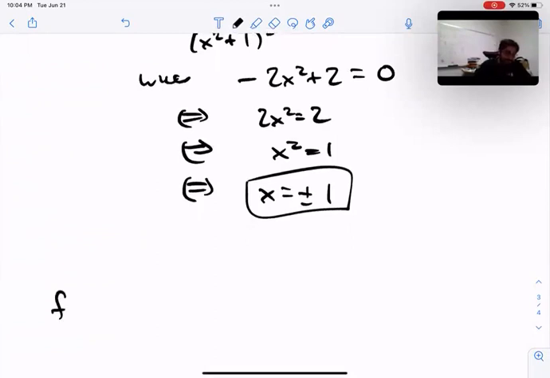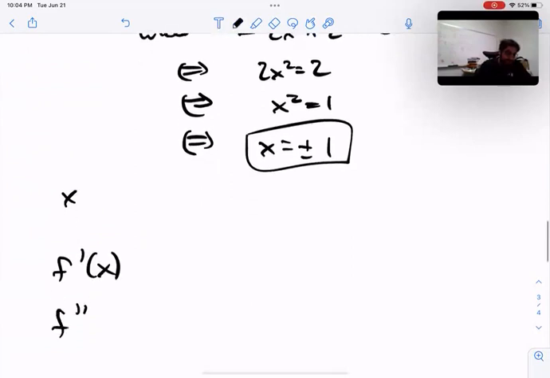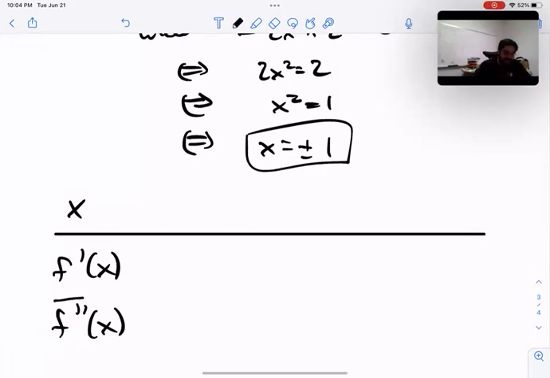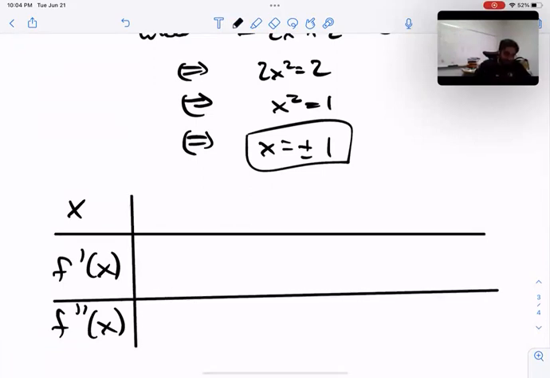Now, let's add this into our sign chart, right? So I want to think about x versus f prime and also f double prime. Now I want to think about all of these. So I'm making a bigger upgraded sign chart. And what I just figured out is what?